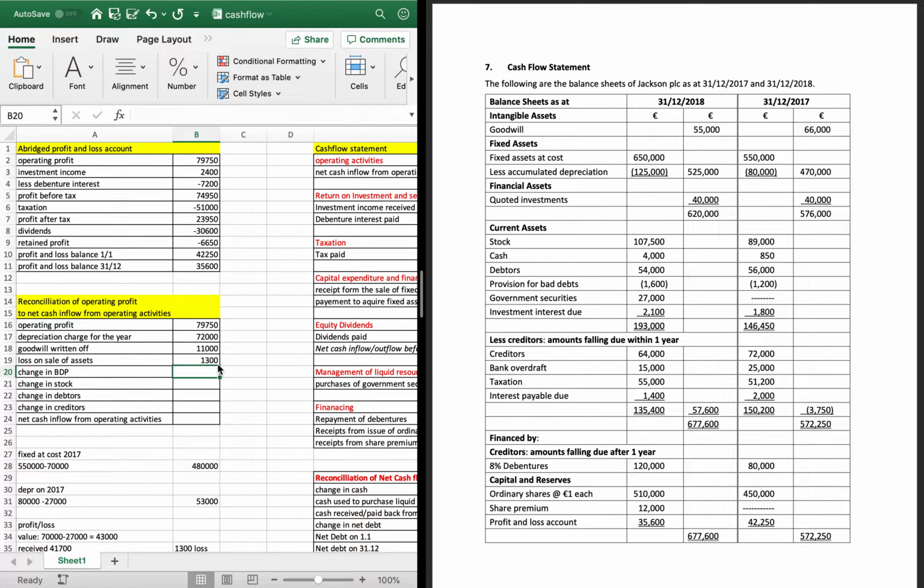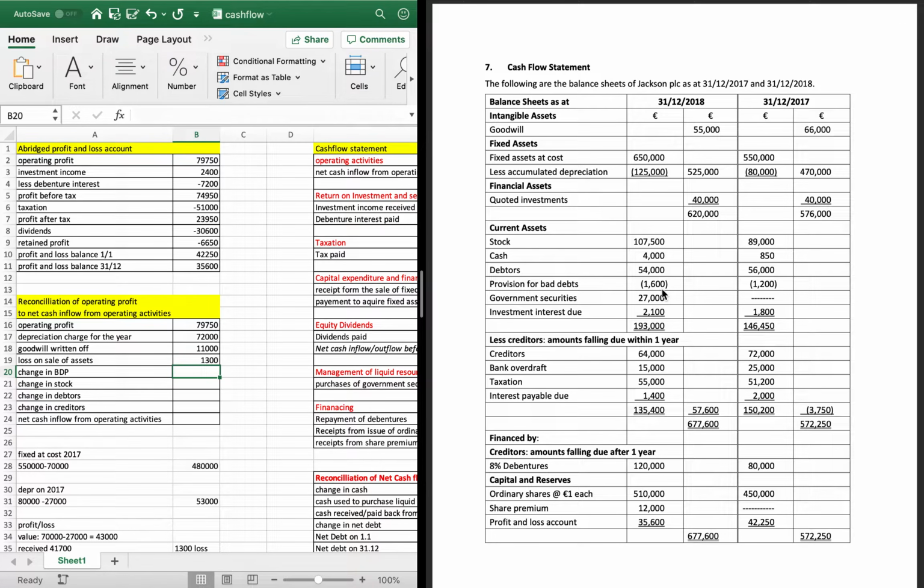And the next one then, the last non-cash expense is the change in provision for bad debts. So if provision for bad debt has gone from 1,200 up to 1,600, that's an increase in the bad debt provision of 400. So an increase in bad debt provision is like depreciation.